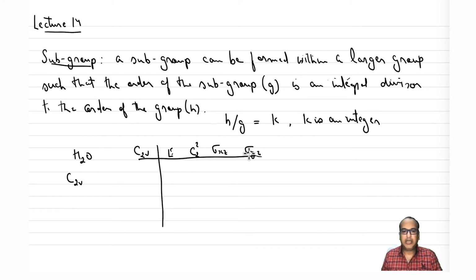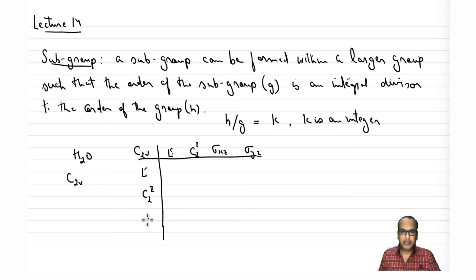We will see how within this group we can find a subgroup using the GMT. Okay, so a subgroup by definition should follow all four properties of a group: closure, associativity, identity, and inverse. That is understood because from the name it is a subgroup.